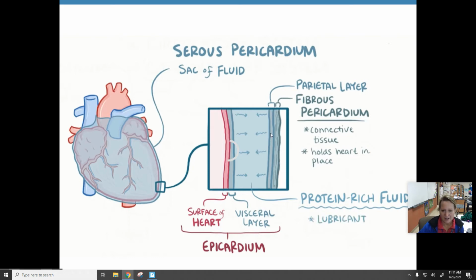The parietal layer of that is going to be the side that is open to where the serous fluid is in that membrane. And then the heart layer, the epicardium is the surface of the heart, and then we have a visceral layer which secretes the serous fluid. So we're going to have fluid in between that will provide lubrication, because as the heart pumps, you don't want it to blister as it's rubbing against other things in your body, other structures.